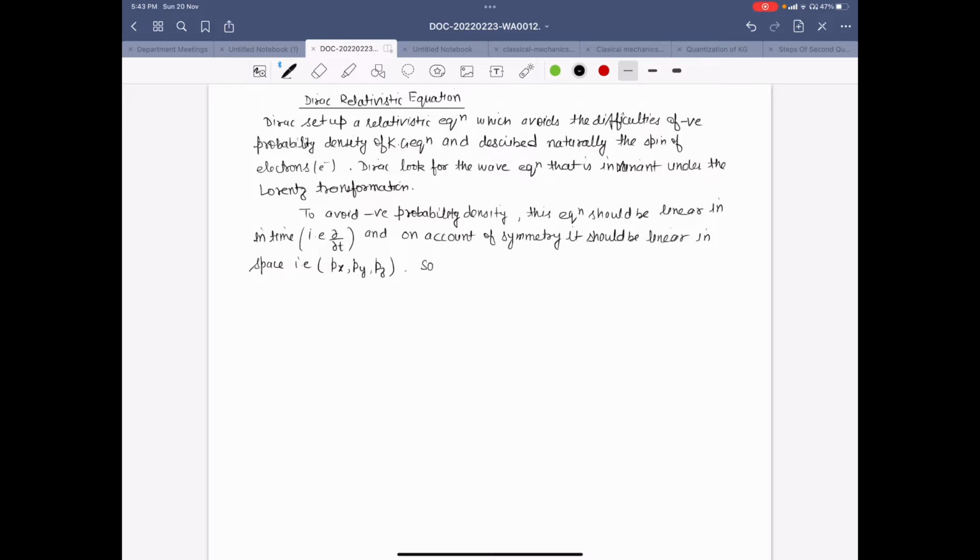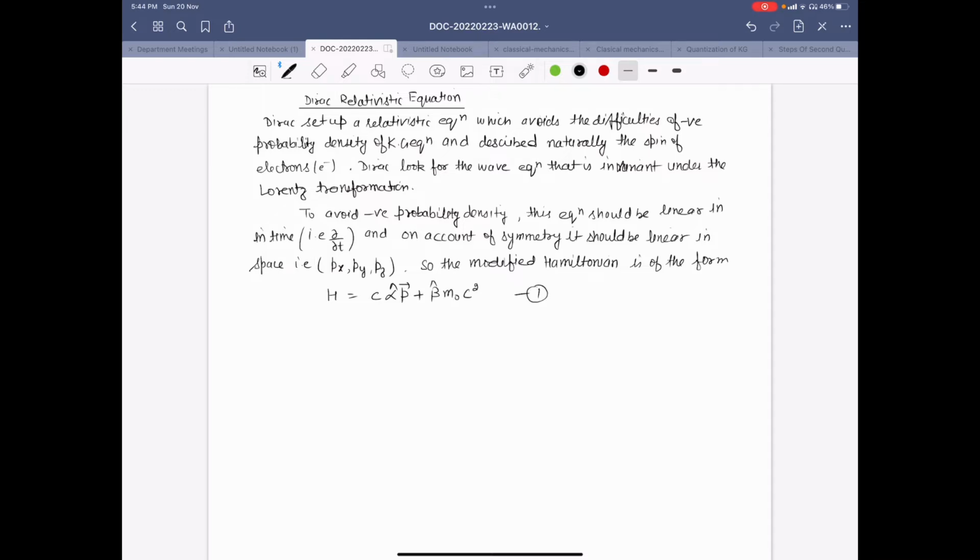So, the modified Hamiltonian is of the form H is equal to C alpha P plus beta m naught C square.